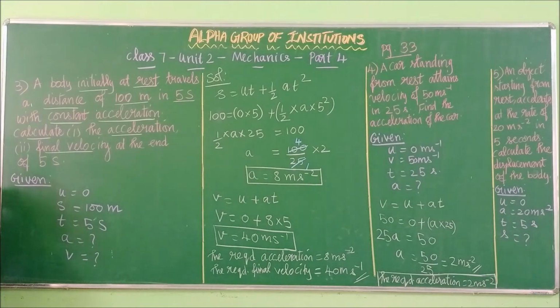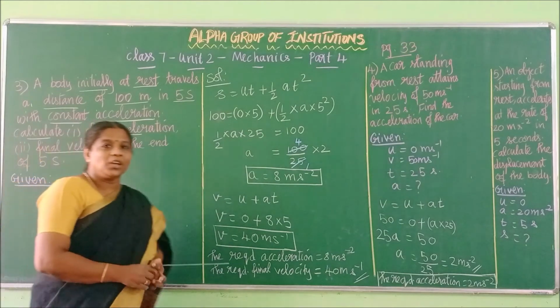What is the equation? v square is equal to u square plus 2as. It doesn't contain time. But here we have time. So what is the equation which will contain both s and t? It is the second equation. So directly go to the second equation.